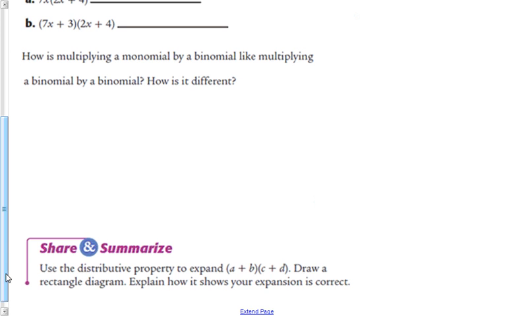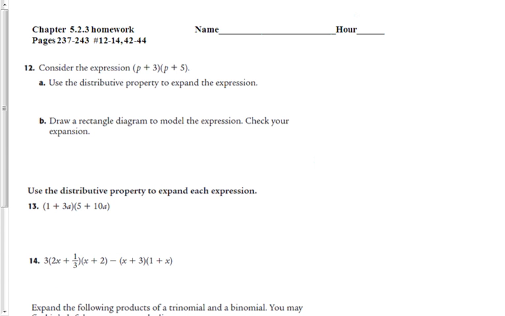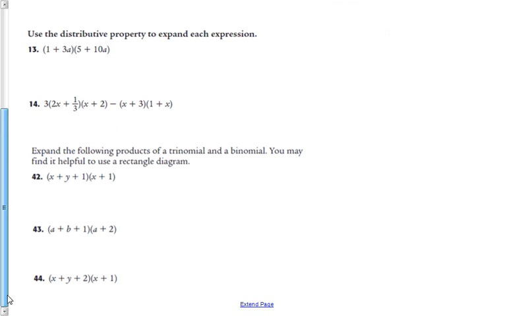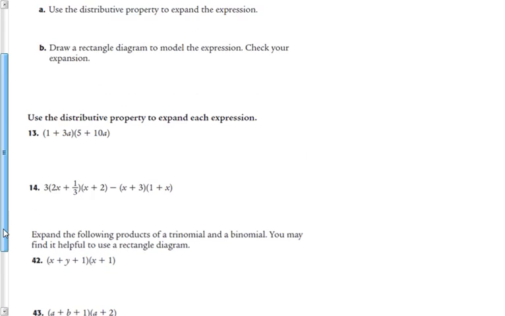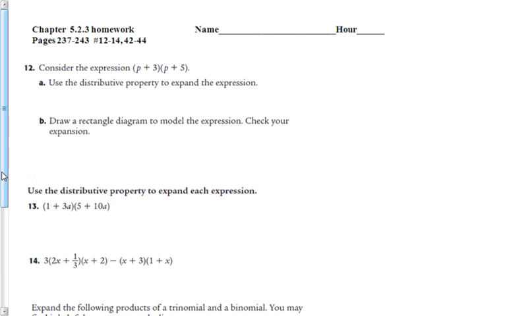Actually, we'll go to number 12 here. And on that one, so right now I'm on page 11. All right, it says consider the expression quantity p plus 3 times quantity p plus 5. It says use the distributive property to expand the expression.